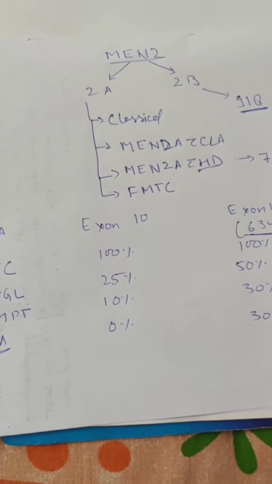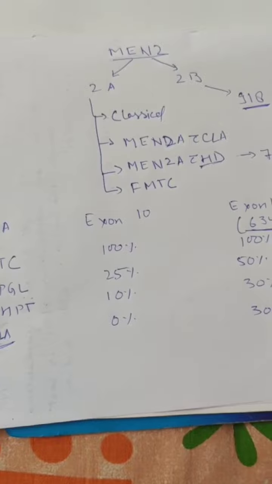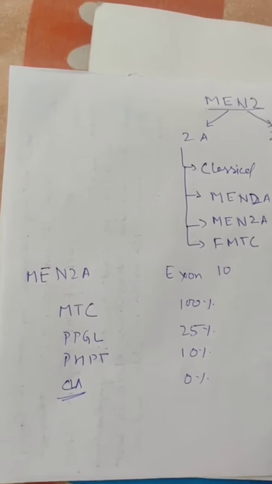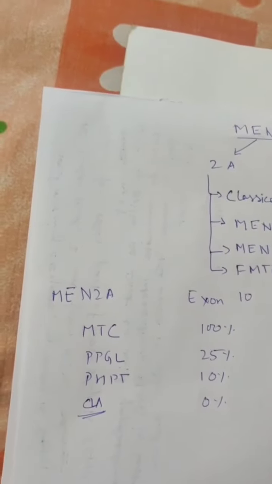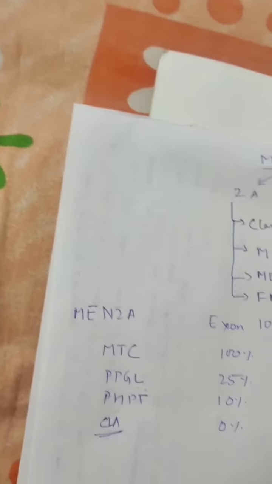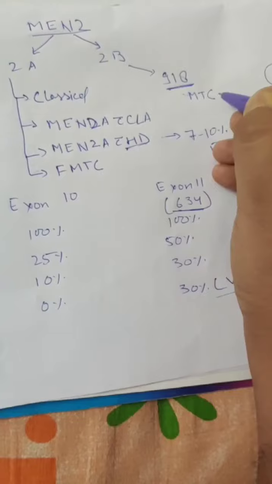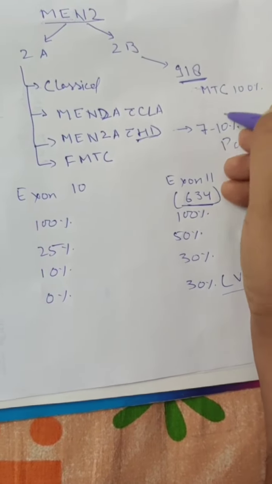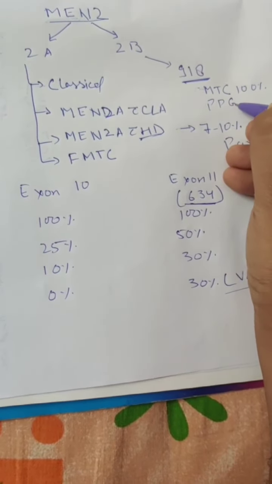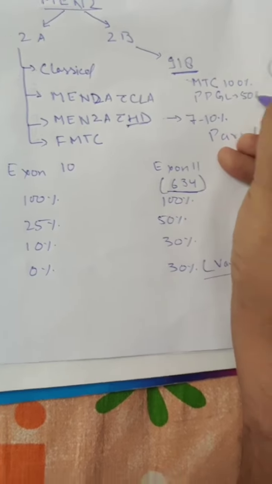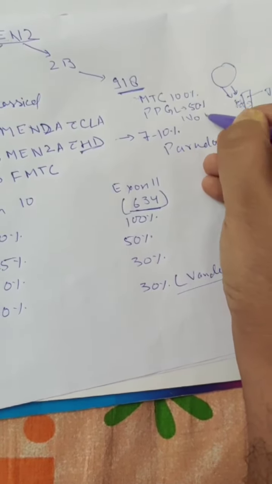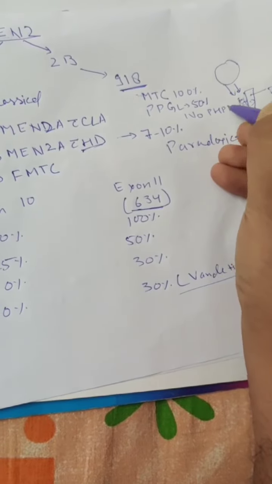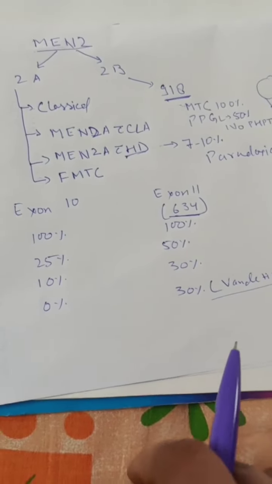MTC penetrance is 100%, pheochromocytoma is 50%, and there is no PHPT. So MTC is 100%, PPGL is 50%, and no PHPT. This we must remember.